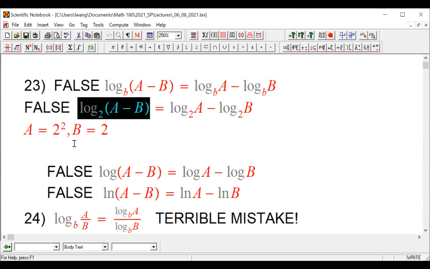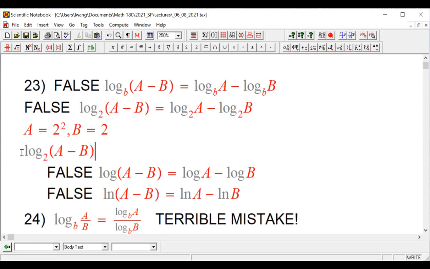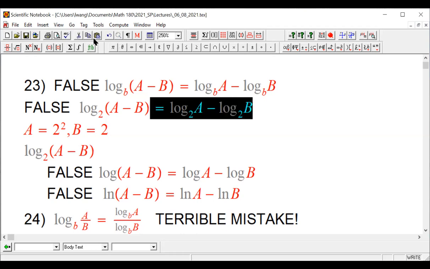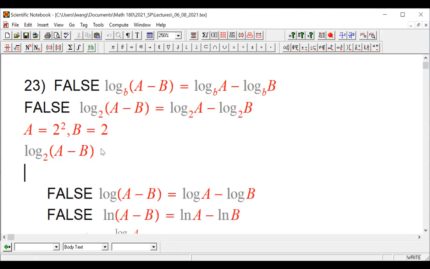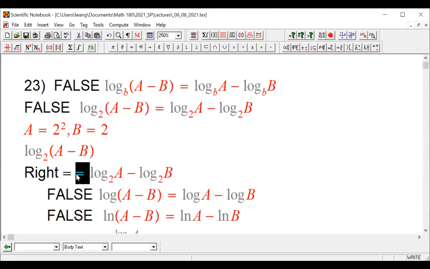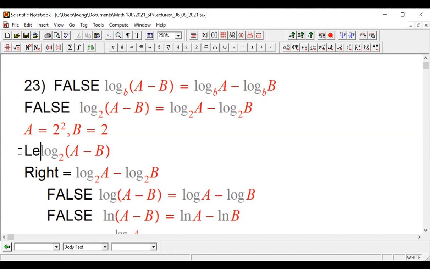Let's see if the left and right are the same. We have log base 2 of 4 minus 2, which is 2, equals 1.